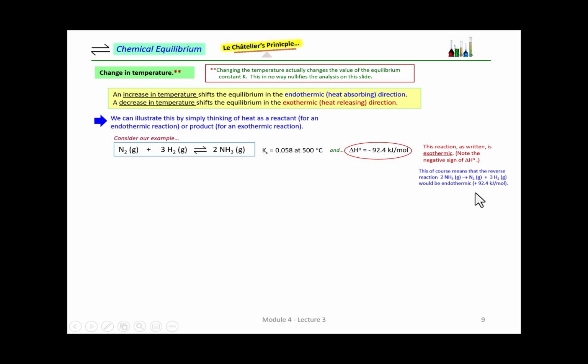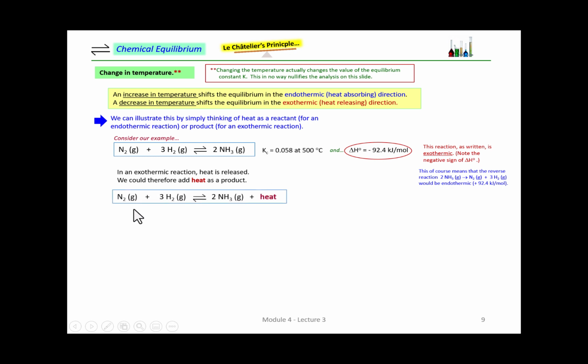Now in an exothermic reaction, which is what this is, written like this, with N2 and H2 on the left going toward ammonia, we could add heat as a product. So we have our equilibrium and we concede the fact that heat is given off, so we're writing it as a product on the right side of the equilibrium symbol.